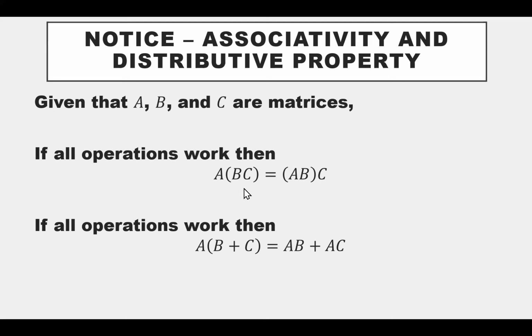The same thing is true with associativity. If the order goes A, then B, then C, then over here I still need to do A, then B, then C from left to right, although I can do my multiplication in whichever order I want, as long as the A is always on the left and the C is always on the right.